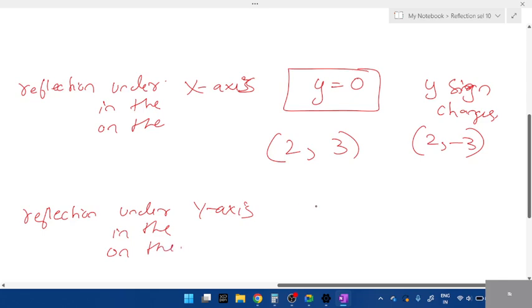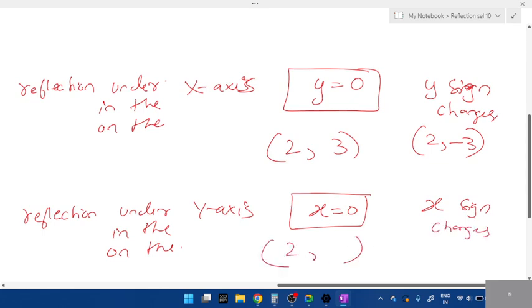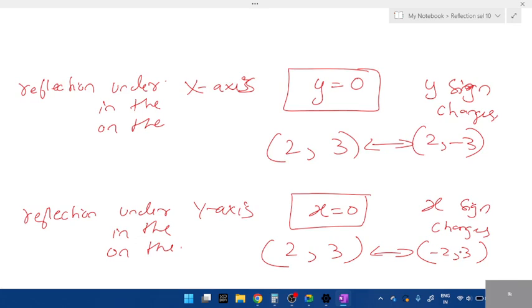If it's y-axis, x is equal to 0. What's the answer, students? If you want, take a screenshot or just write it. These two are most important points.